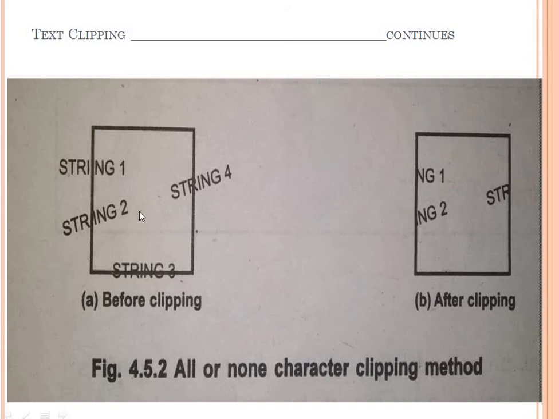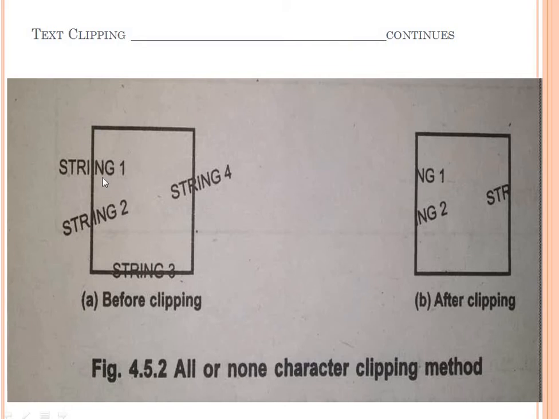In the character clipping method, we only check the characters, not the strings. Here I is a character, N is a character, then G is a character. These characters are checked separately.